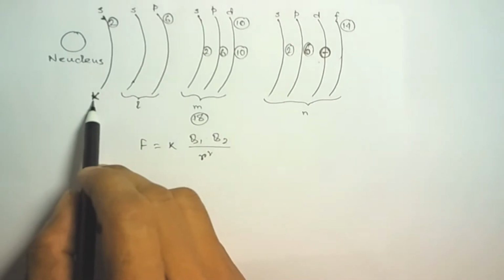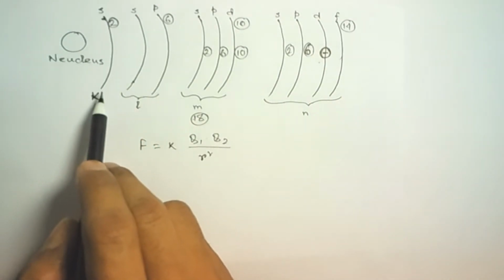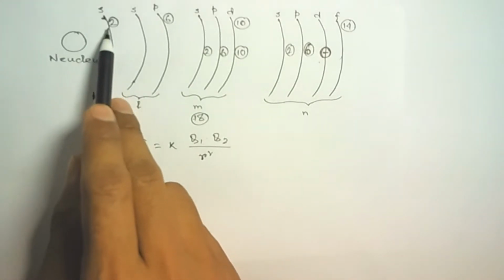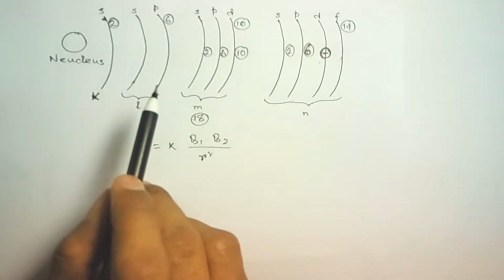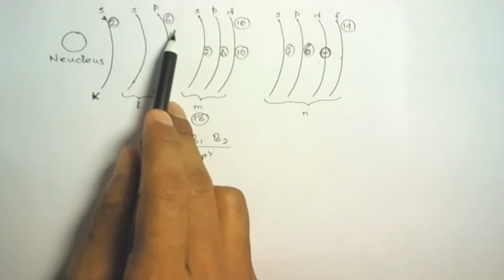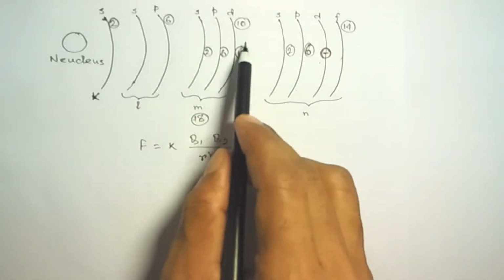As K has only one subshell, that means the 2 electrons will be revolving in the same path. In case of P, 6 electrons will be revolving in the P path. In case of D, 10.